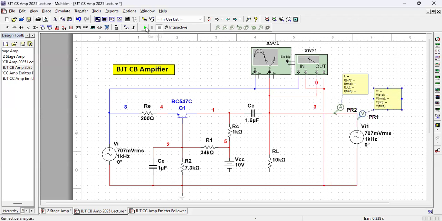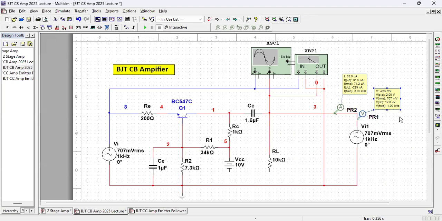Then I measure this AC voltage and this AC current. If I run it now, I'll find out what the voltage and current are if I supply from the reverse side. I find current is 85.5 microampere and voltage peak to peak is 2 volt. So it will be 2 divided by 85.5 micro.